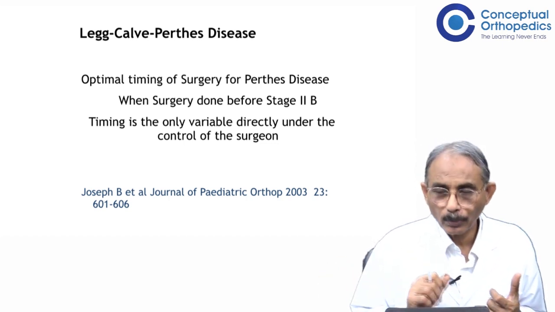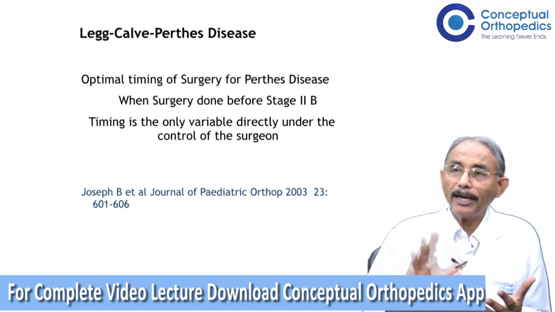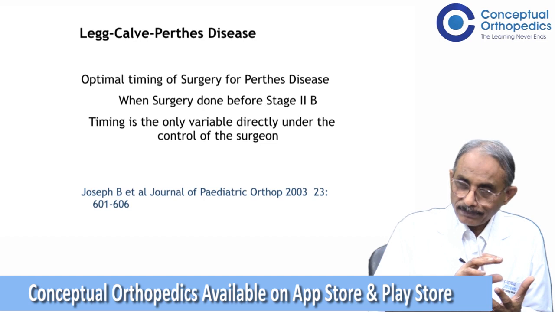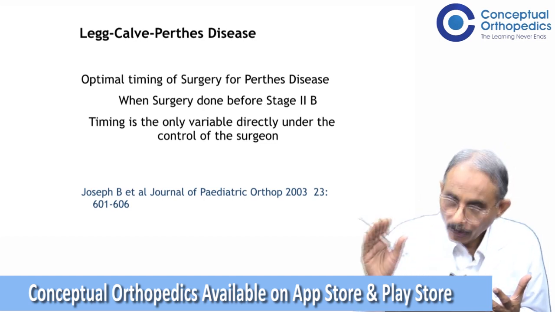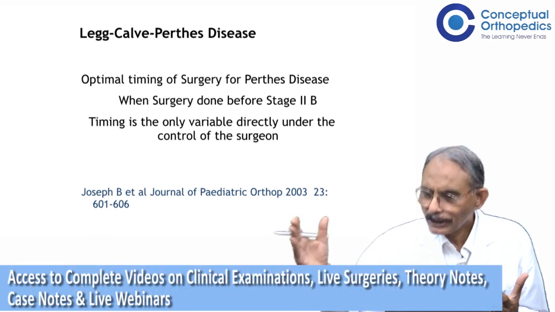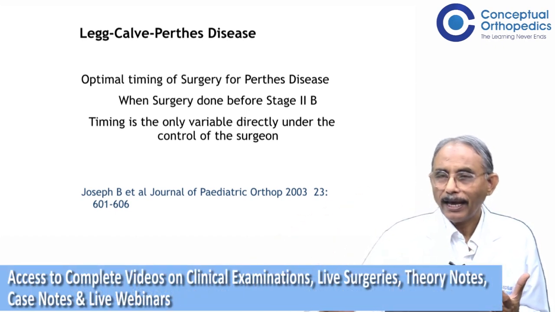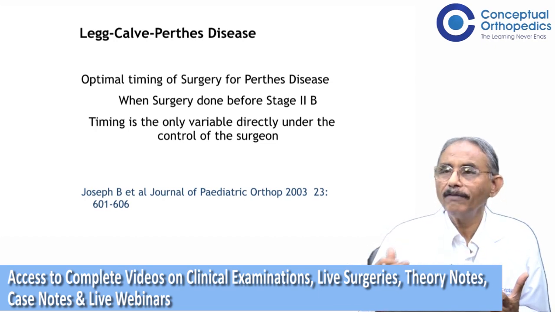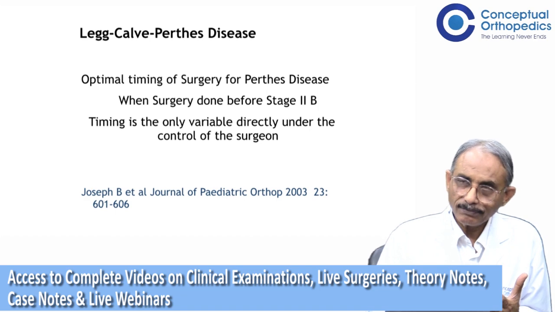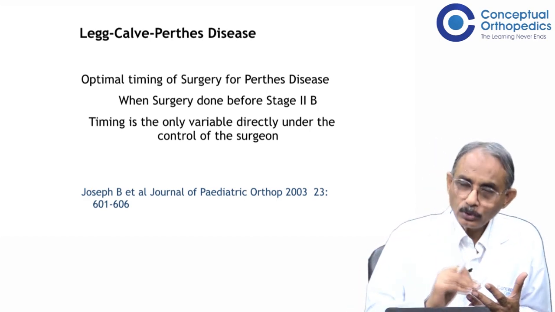Therefore, the best stage when you can do a surgical intervention is a child who has not reached the full fragmentation stage, but is just before stage 2B or at the beginning of stage 2B, and the head is still spherical enough to have a range of abduction and adduction, and the child has extrusion coming on.